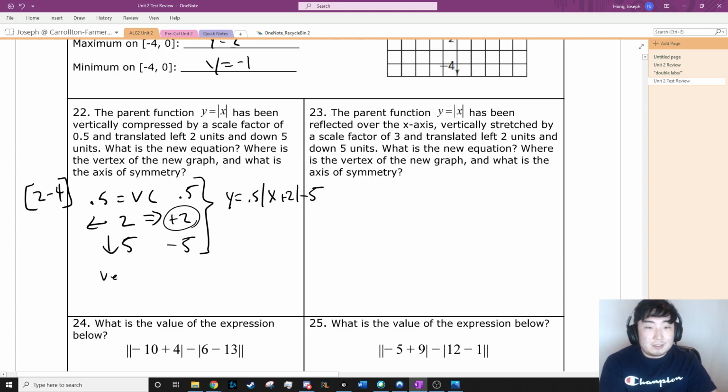My vertex, that's my h and k. This is my h, and this is my k. But I have to think opposite. So my vertex is really -2, -5. And my axis of symmetry is x equals h, which is x equals -2.